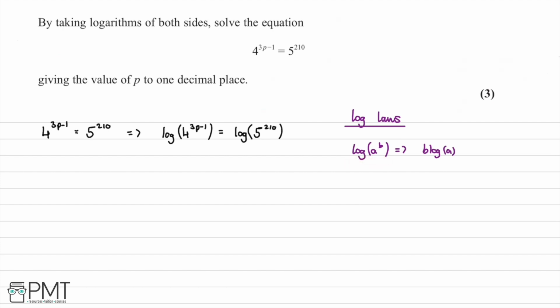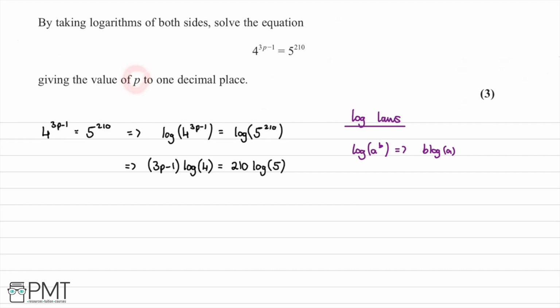So therefore, in our case, we can take 3p minus 1 down in front of the log and 210 down in front of the log. So therefore, we've got 3p minus 1, lots of log of 4, and that's going to be equal to 210 lots of log 5.